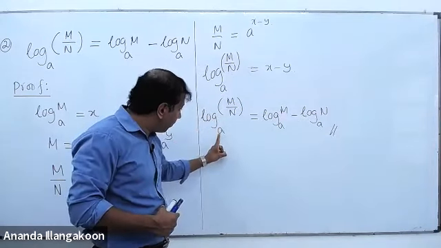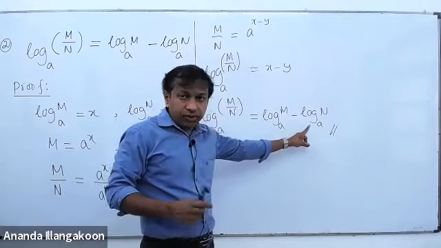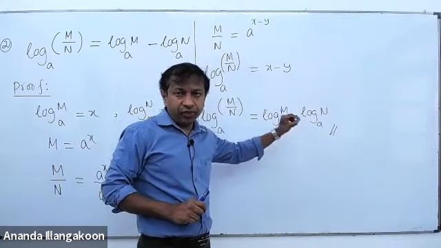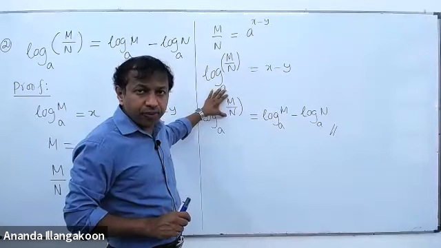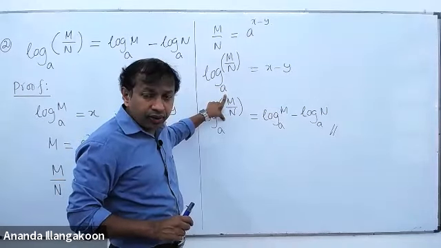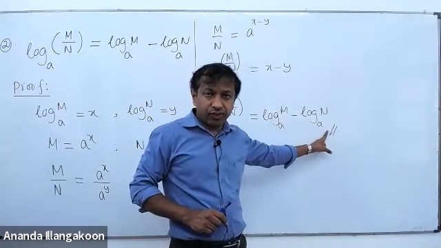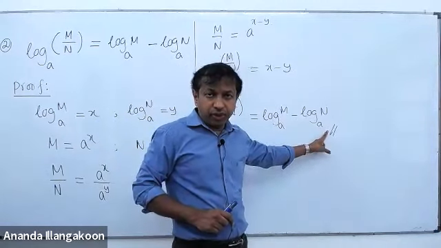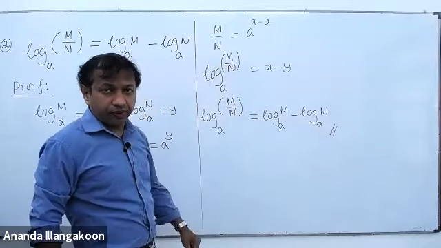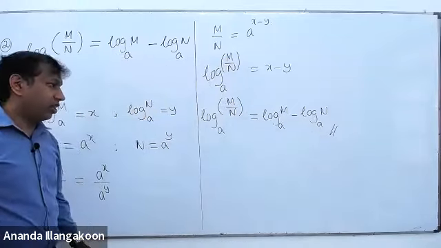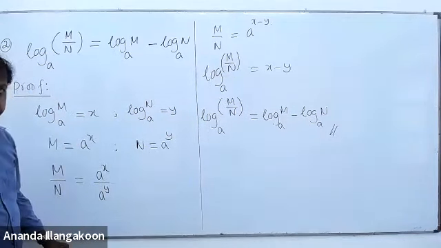See, the base of log is the same. Then you have to remember, a ratio and a fraction are the same, people. If you have a fraction, we can write it as a difference of logs. If you have a difference, you can write that as a fraction. Okay, right. Now let's take one example like this.